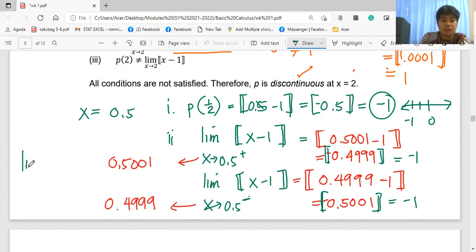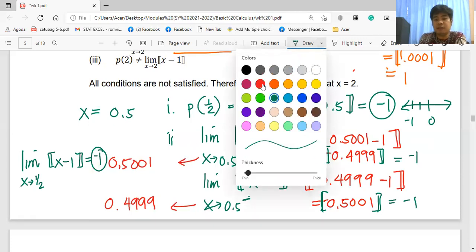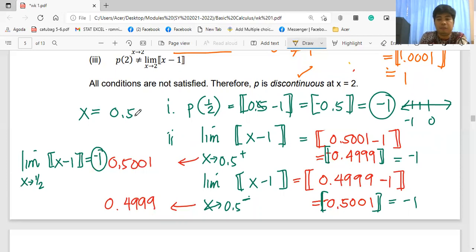we can say that the two-sided limit of the greatest integer of x minus 1 as x approaches 1/2 is equal to negative 1. So it exists. Now, if we compare the first and the second condition, we can say on the third condition that the evaluating function provides us negative 1, and in the limit process, negative 1 was also calculated as the limit.